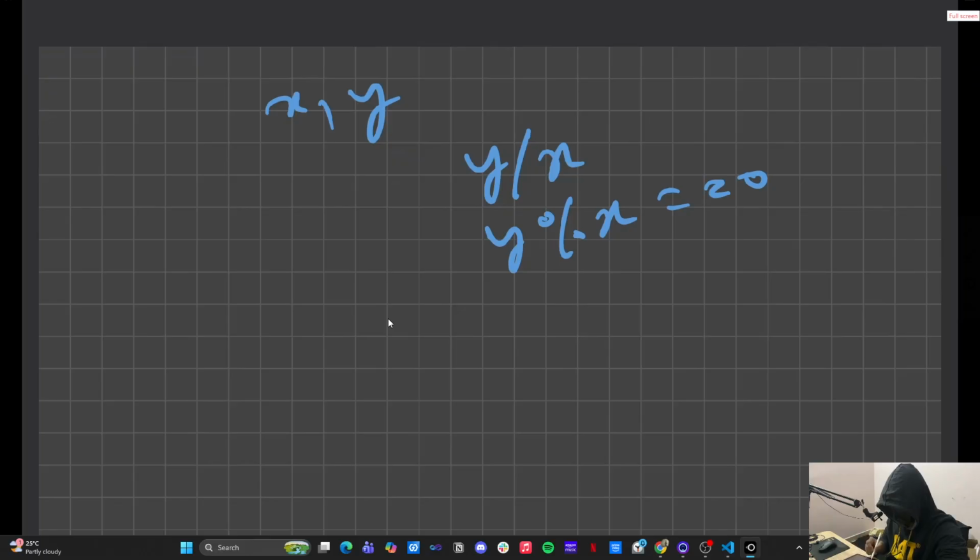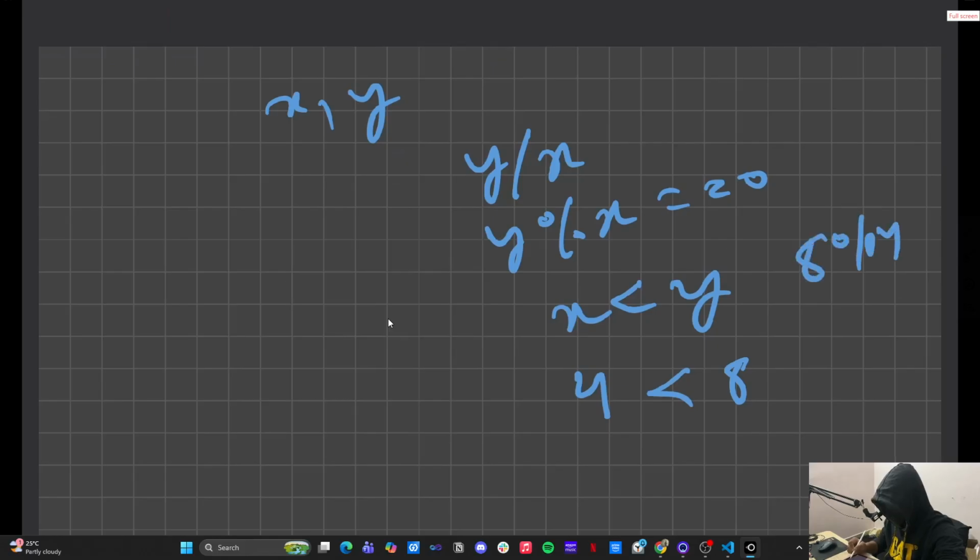Now they have also said x is less than y. If we consider, let's say, x is 4 and y is 8, this is a proper one. The reason being 4 is less than 8, and 8 modulo 4, if you do, the remainder that you're getting is 0.